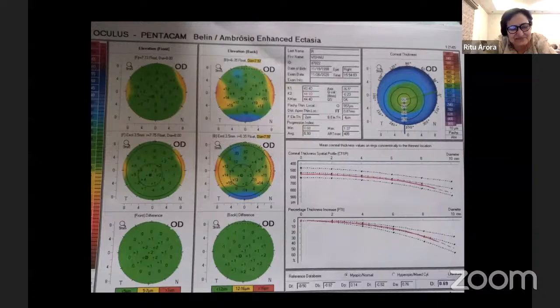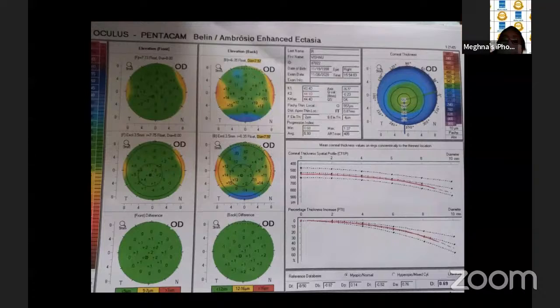Yes, describe. Ma'am, in this map, we look at the Belin-Ambrosio display. The first one is the normal Belin-Ambrosio display. The second one is the enhanced display, in which the elevated area is subtracted from the normal BAD display.